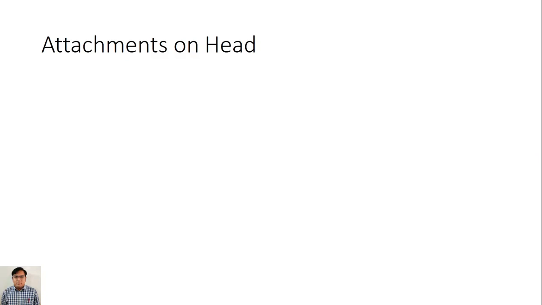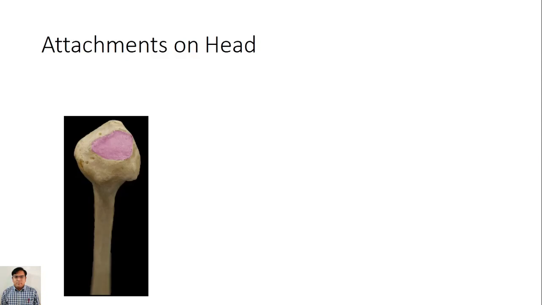Now the attachments on the head. This is the head showing the articular facet for the tibia, which makes the superior tibiofibular joint. The superior tibiofibular joint capsule is attached around this articular facet, as shown in this photograph. This is the capsule of the superior tibiofibular joint.